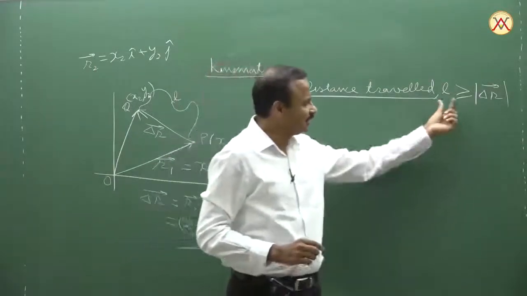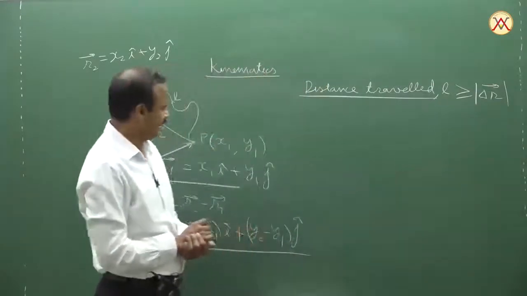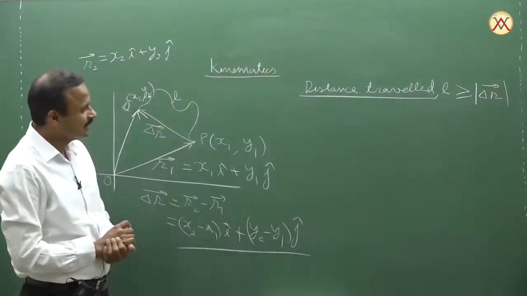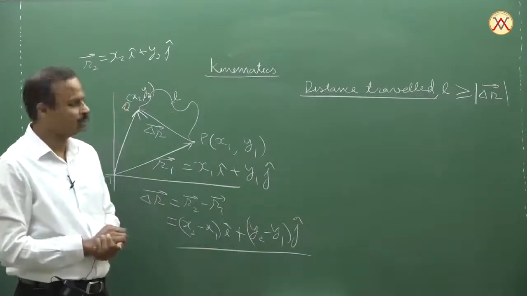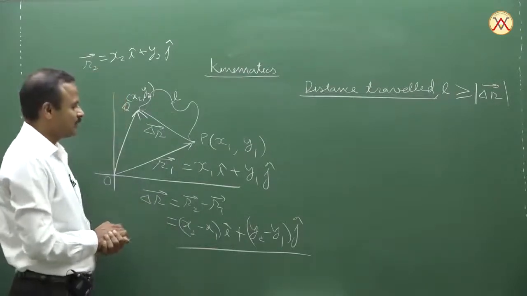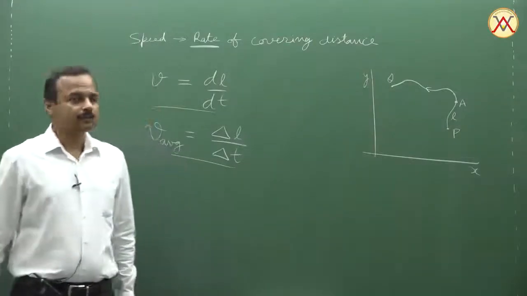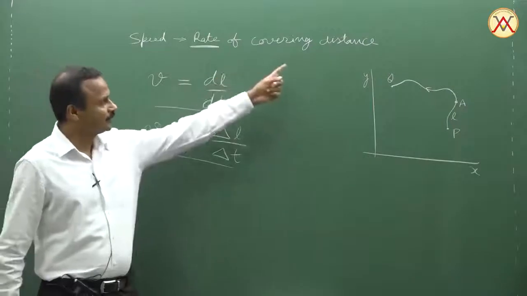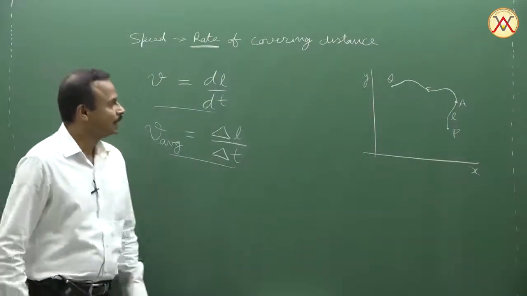In general, we can say L is greater than or equal to the magnitude of delta r vector. So distance travelled is greater than or equal to the magnitude of the displacement vector. Speed: the rate of covering distance is known as speed.